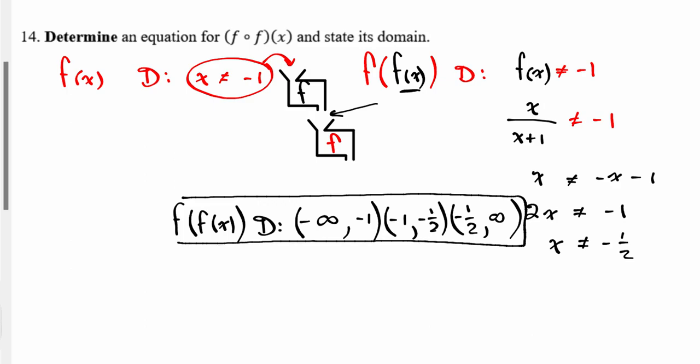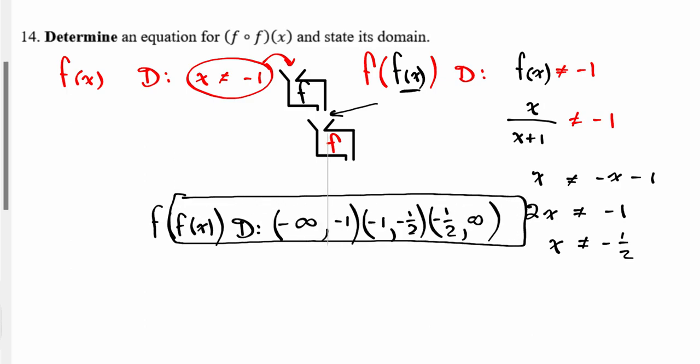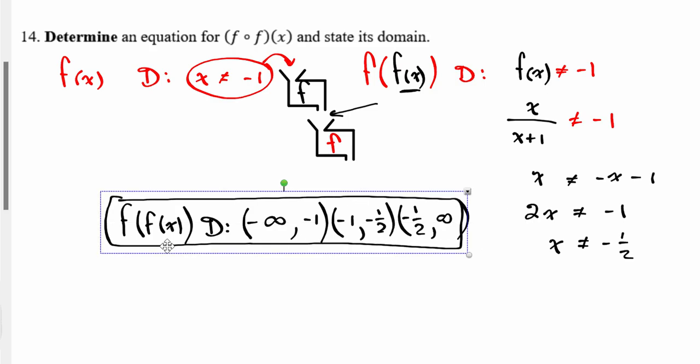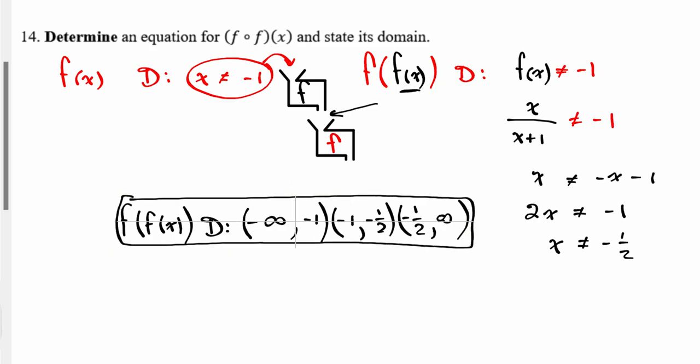Ooh, I got close. I'll move this, move that. There we go. There's the domain for that composition of functions. And a more clean, abbreviated way is to say x can't equal -1, x can't equal -1/2.